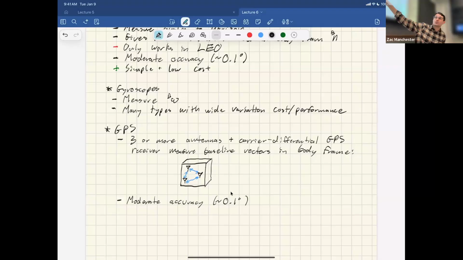You could do something analogous to this GPS example if you had another known signal source and multiple antennas on the spacecraft listening to that signal and comparing phase. You could get relative phase information that you could turn into angular information. It's the same general idea as the GPS approach, but doing it with other signal sources would be tricky.